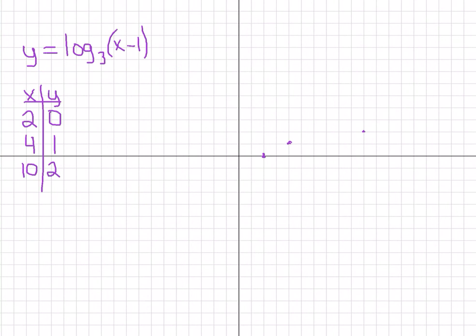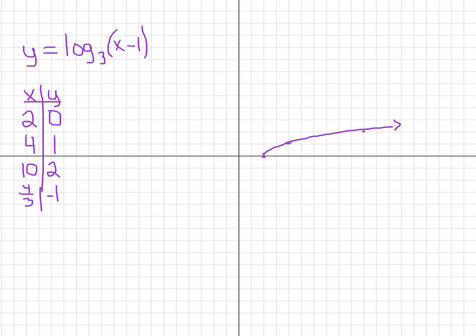There we go. You can see this one's going to look almost identical to the one we had at the first problem. The only difference is everything shifted to the right one. If I continue going backwards, I want that to be 1/3, so I need this to be 4/3. 4/3 minus 1 is 1/3, and that gives negative 1.